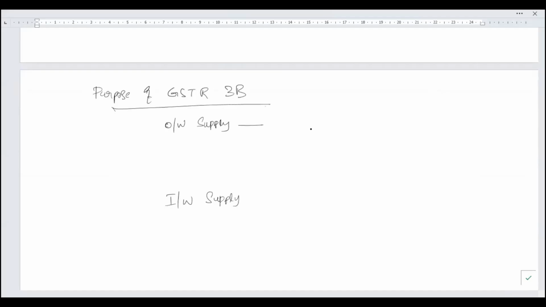Now, when I say outward supply, they have these bifurcations. One is taxable supply, where we have to pay GST to the government.